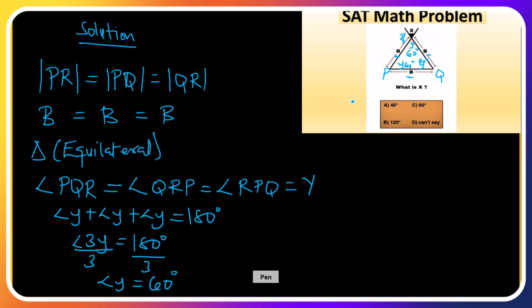But we are asked to find the angle X. Using angle properties, angle Y is equal to angle X, and the relation is that they are vertically opposite.